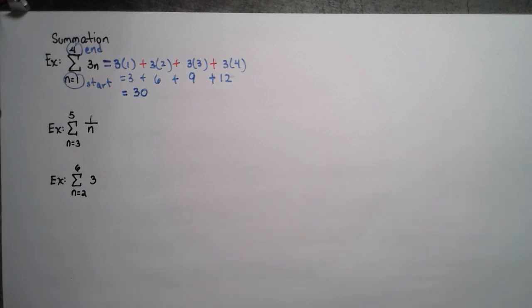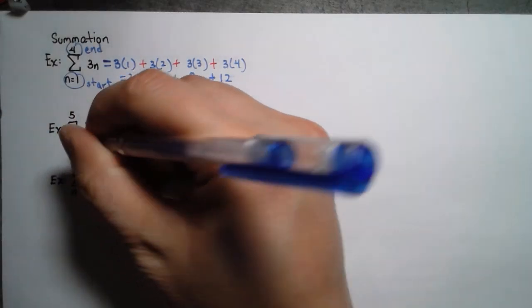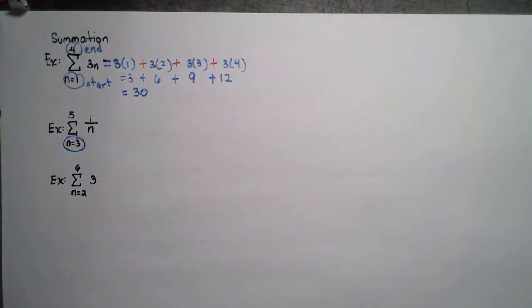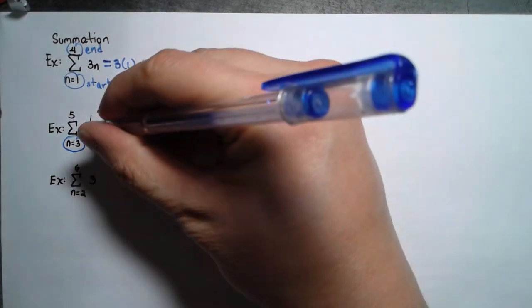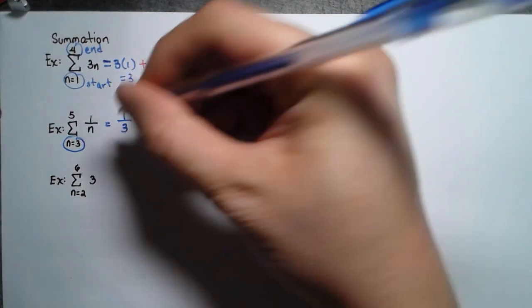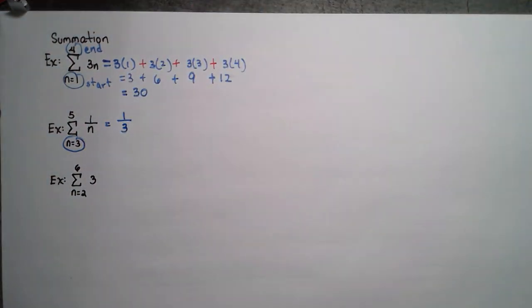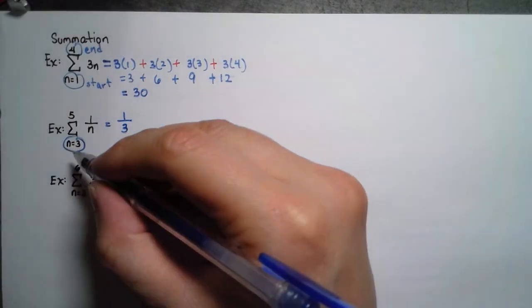Now, for the next example, it's the same concept. We are going to start plugging in 3 for n. That's the first number we start with. So we're going to end up with 1 over 3. Then we're going to take the next number after 3, which is 4.